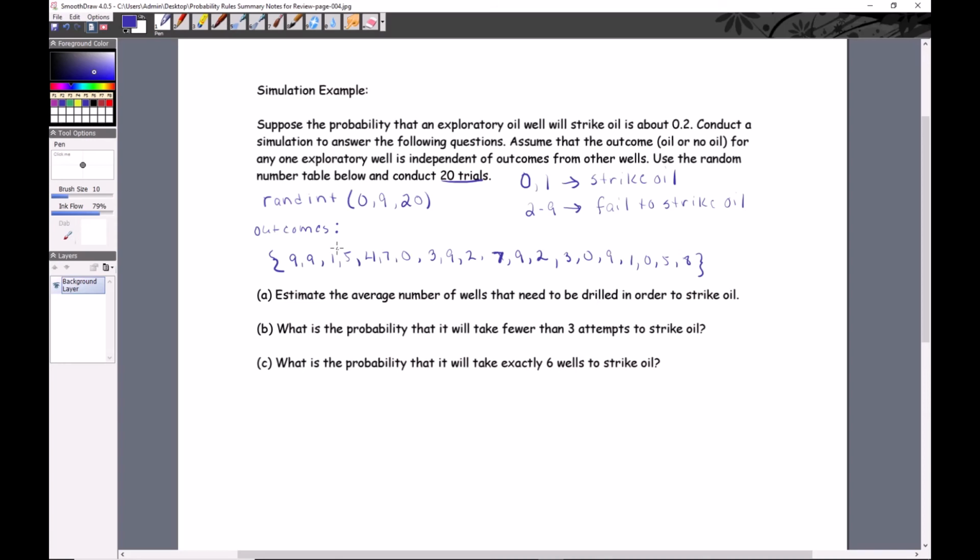This one was striking oil. This one was striking oil. This one was striking oil. This one and this one. So I got 5. So what should we have expected? Well, 20 times 0.2, let's check it.